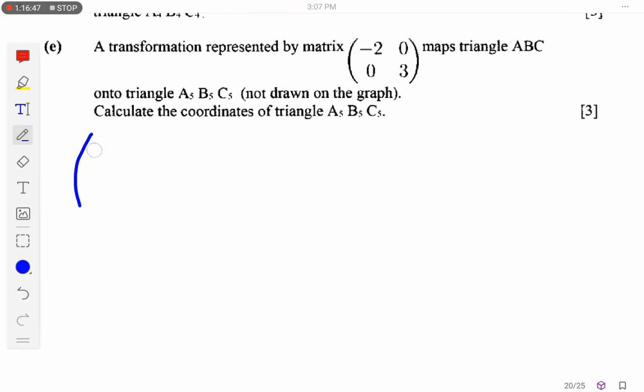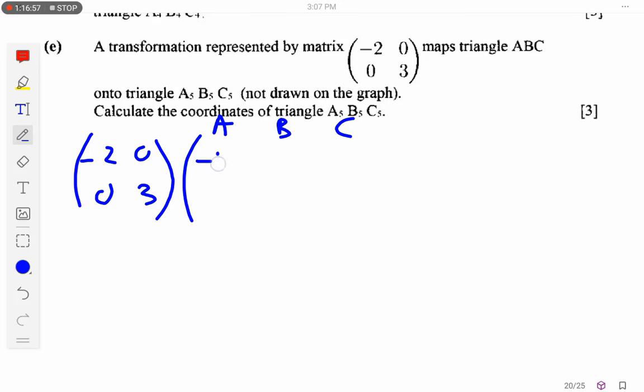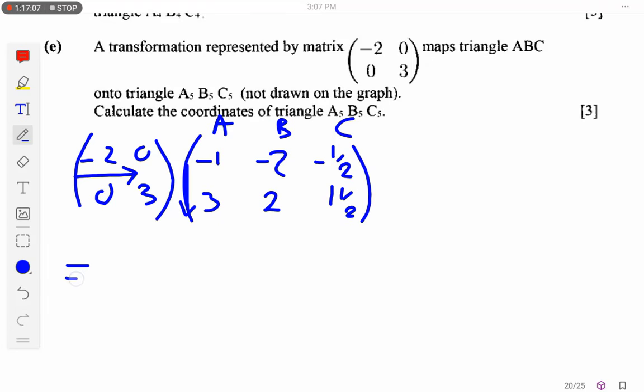I multiply my points, which were A, B, and C, the original points: minus 1 and 3, minus 2 and 2, minus half and 1.5. Then I multiply row by column. You find out I'll get points A5, B5, and C5.